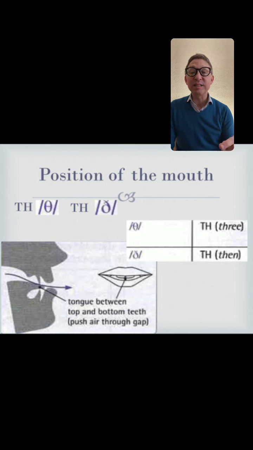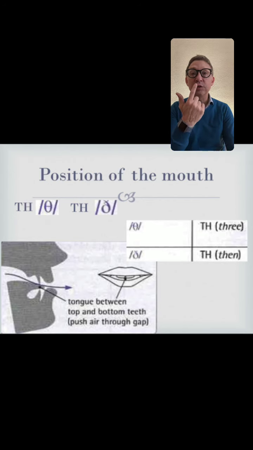For the advanced people who are listening, try to distinguish between the two sounds that are listed below, between three and then. Three and then. Slightly different sounds, but both sounds adopt a similar embouchure or position of the mouth.